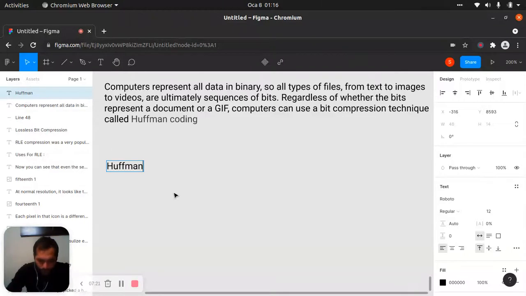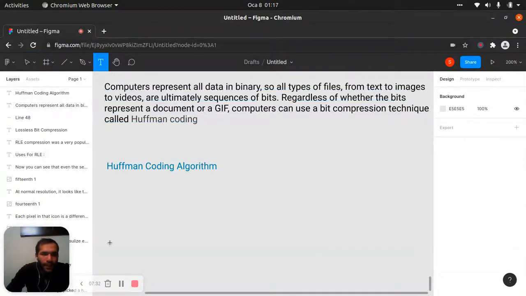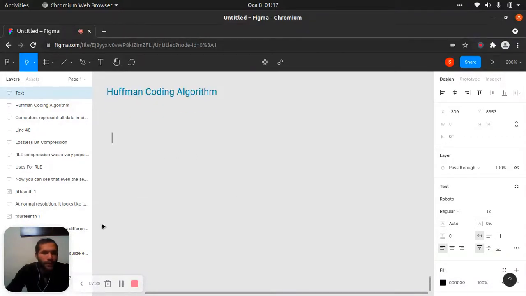Huffman coding algorithm. And then let's tag it in blue right here, and let's start to write. I will start at this point.